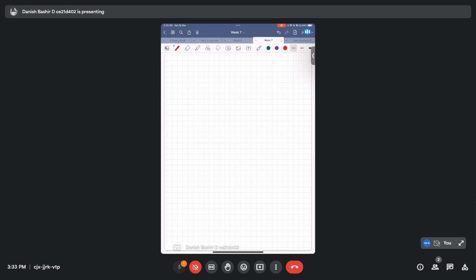Then we can assume the vertical displacement of the tires as sinusoidal type. It's very easy. So we can assume ug of t, that is the vertical displacement of the tires, will be ug naught sine omega t, where ug naught is the maximum amplitude.